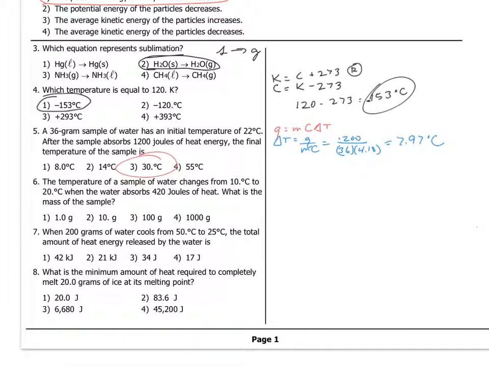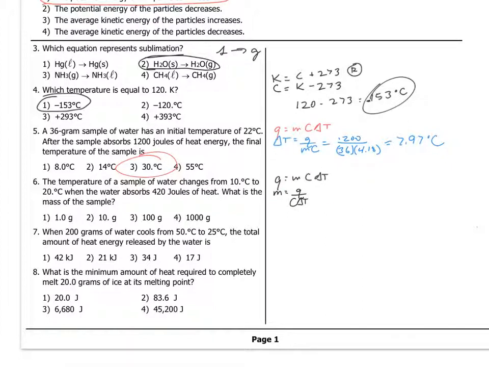All right, so continuing on to number 6. We have the temperature of a sample of water changing from 10 to 20 when the water absorbs 420 joules of heat. We want to know the mass of the sample. This is going to be a Q equals mcΔT question as well. But we are solving for m, the mass of the sample. So I rearranged the equation so that it says m is Q over cΔT.